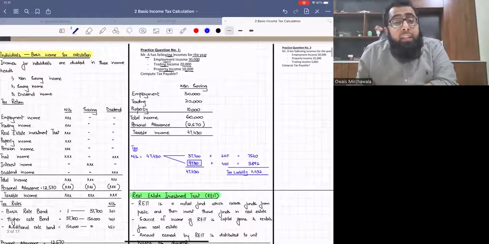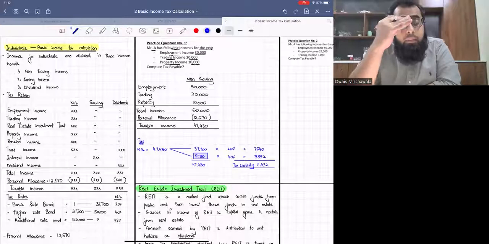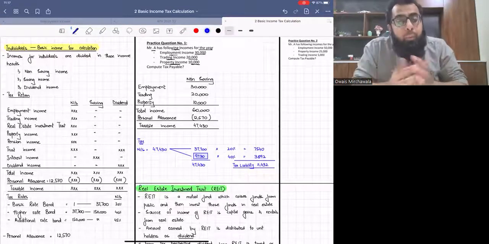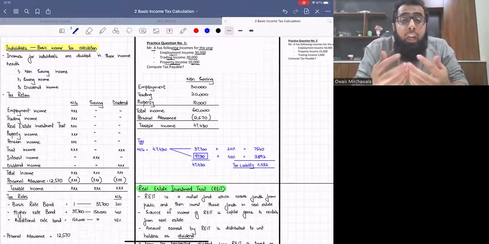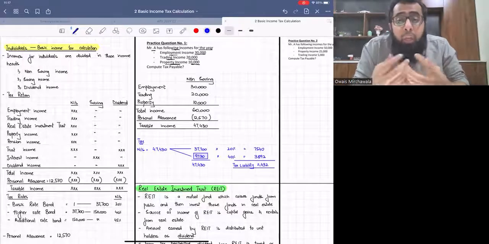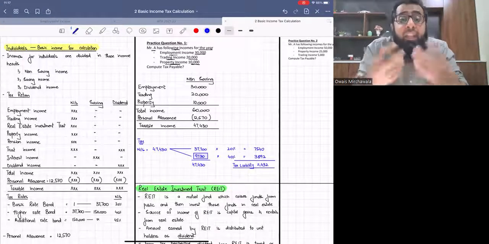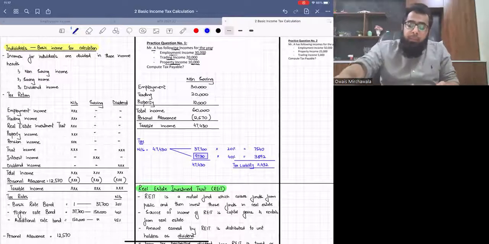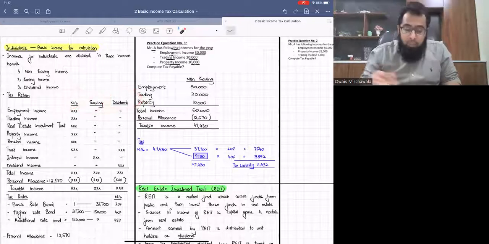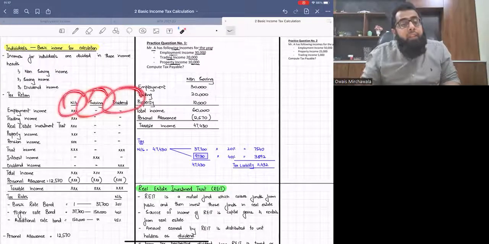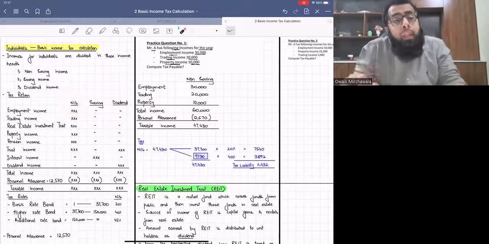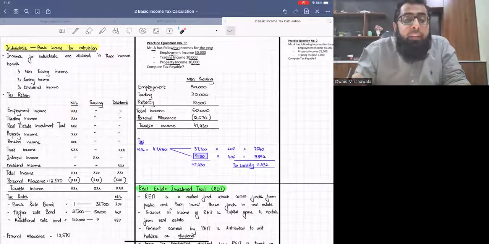So if you look at it carefully, I don't think that I did something difficult. As I told you, when we talk about a tax return of an individual, a human being, the incomes are divided in three heads of income: non-saving, saving, and dividend.